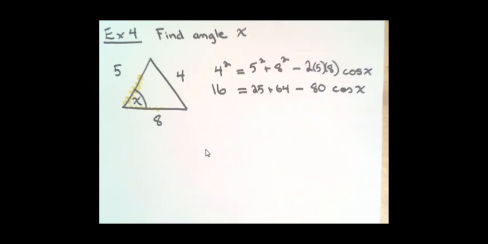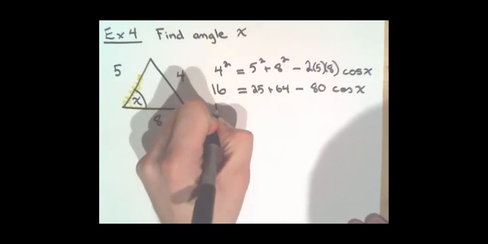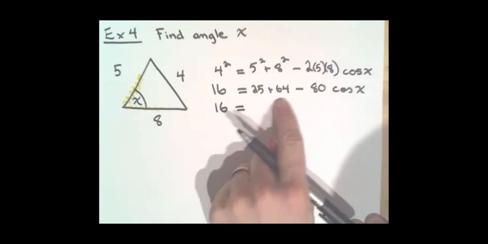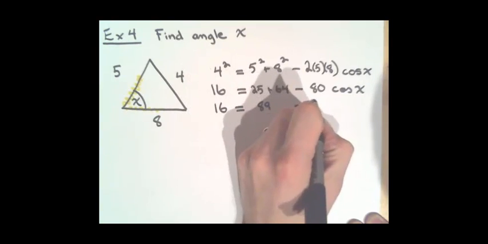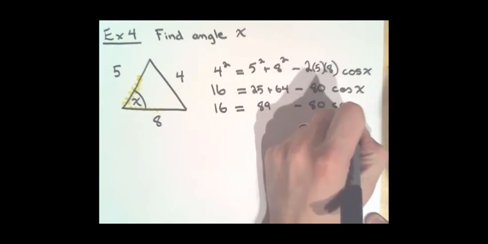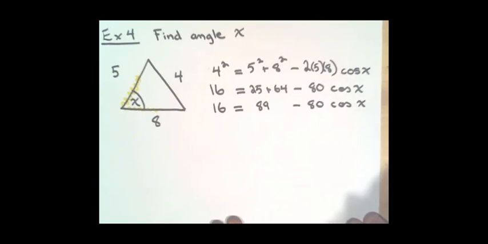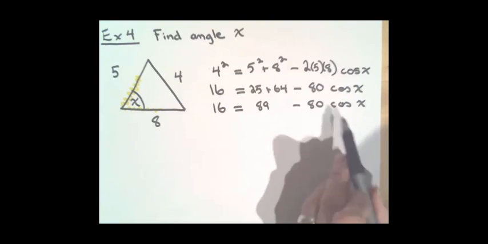So here's what happens next. Let's keep 16 here, and 25 plus 64 is 89. And we still can't do anything with 80 times cos x. Now you need to get into the mindset of, I need to get the variable on one side and the constants on the other side, the sides being sides of the equal sign.